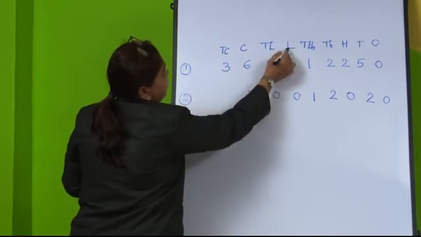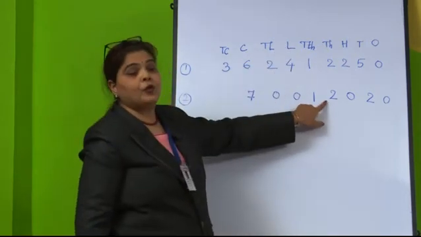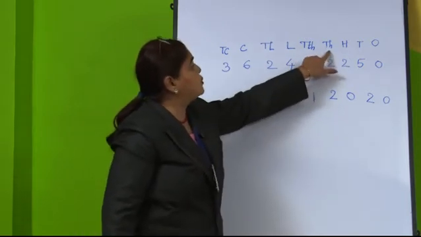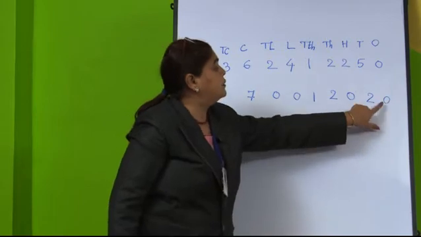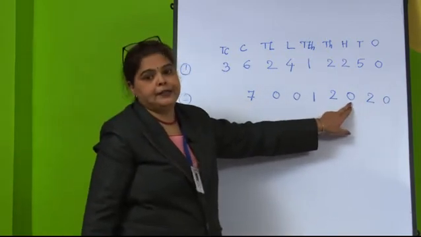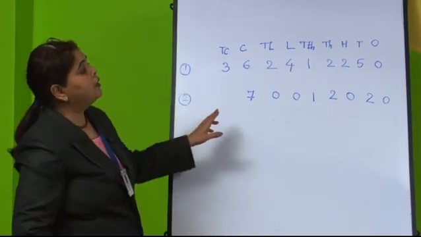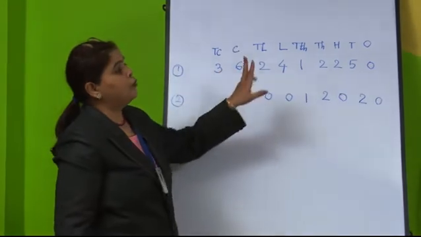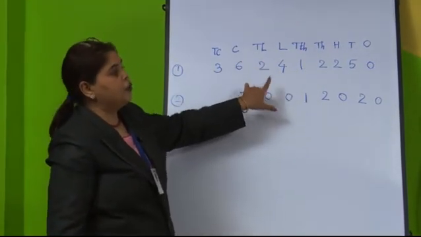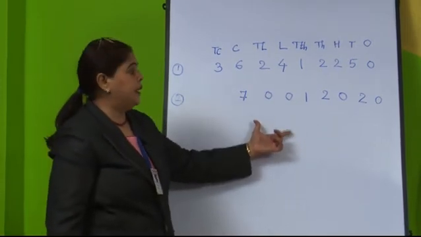We don't have anything in the lakh place. So 7 crore goes directly to the thousands: 7 crore, 12,000 and 20, because we don't have anything in the hundreds place. So it is 20. I think everyone understood this concept. Just put these values in a place value chart and write the name of the given numbers.